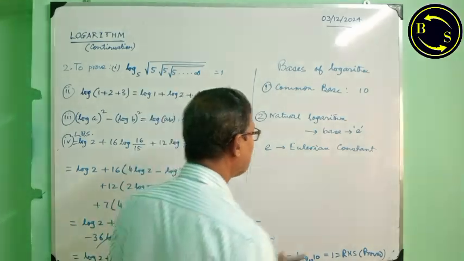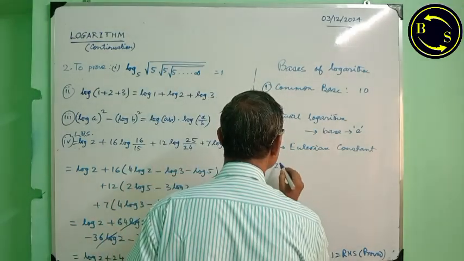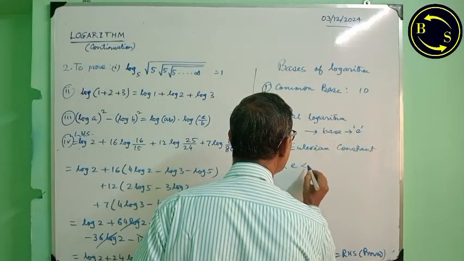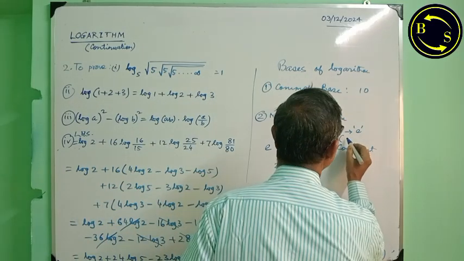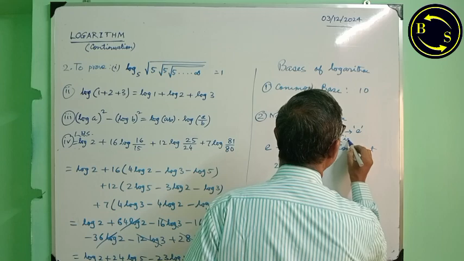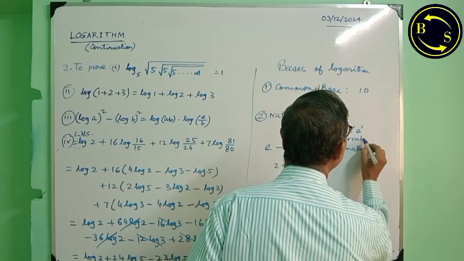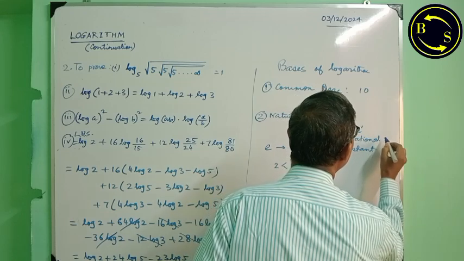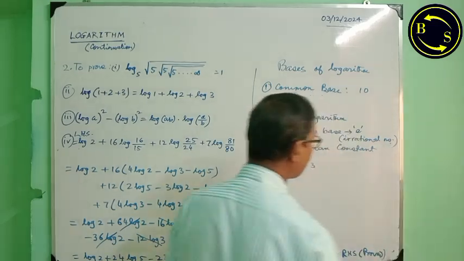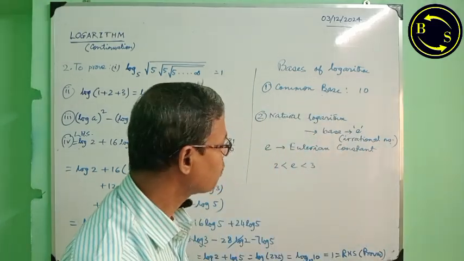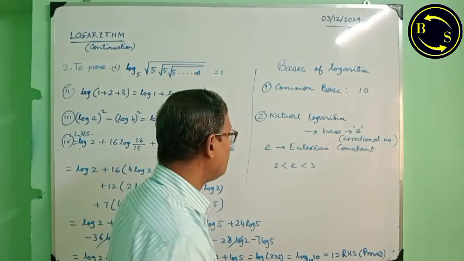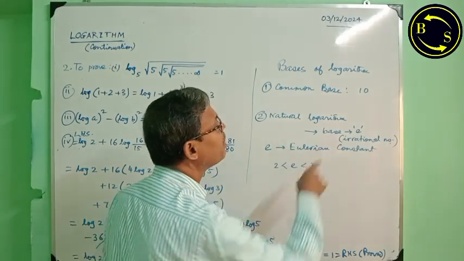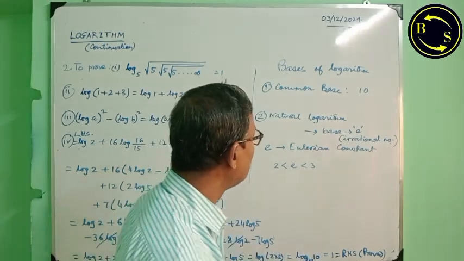Base is e and its value is, it is an irrational number. It was discovered by Euler, and I have already mentioned it is an irrational number.